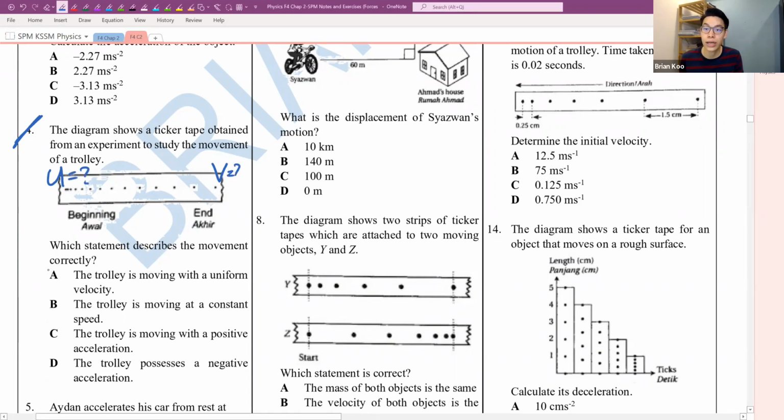So number 1 is wrong. Number 2, the trolley is moving at constant speed, also wrong. Speed and velocity are very similar. C, the trolley is moving with positive acceleration. Yes, because it is speeding up.